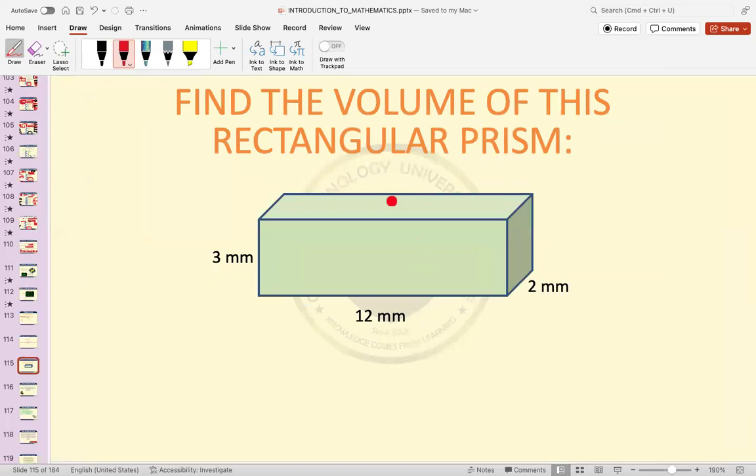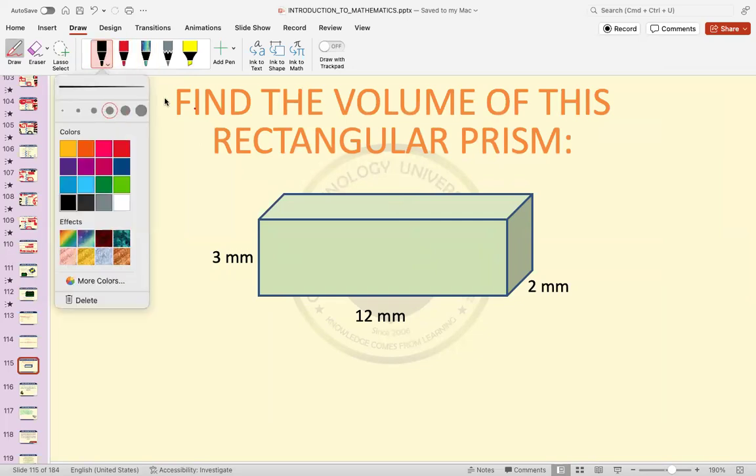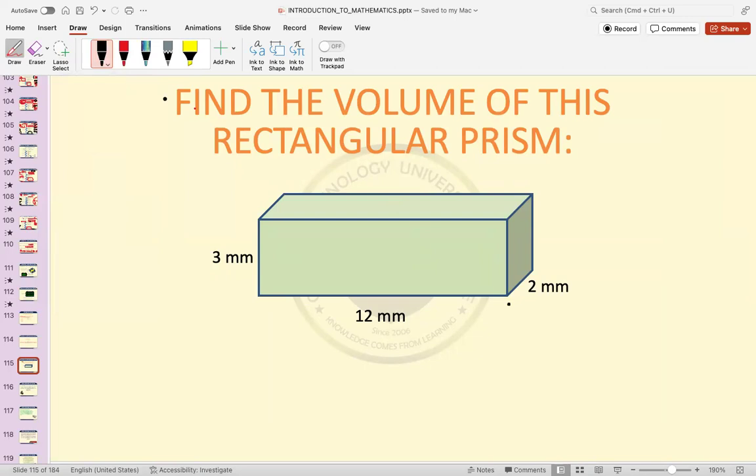This box is a 3D. And for every 3D, you have 3 directions. First direction, length. Second direction, width. Third direction, height. So we just need the values for this and then we get our volume.